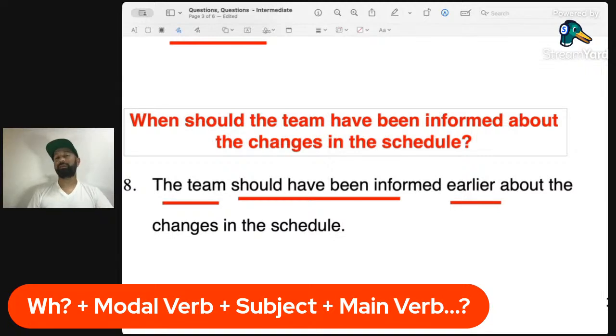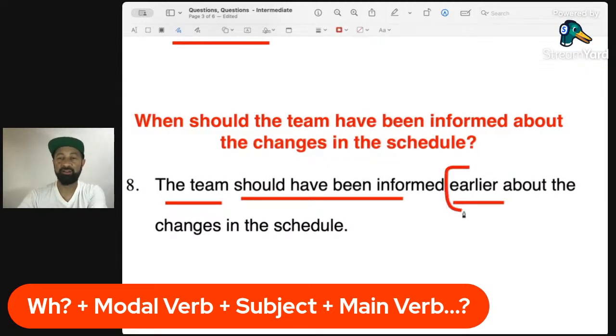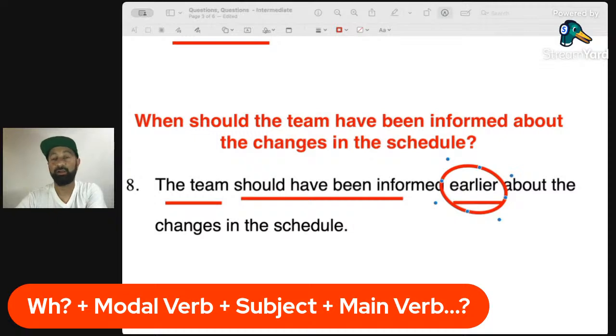When should the team have been informed about the changes in the schedule? Well, the answer is earlier. They should have been informed earlier. So here we've got a new sentence structure, a new way to make a question using modal verbs.